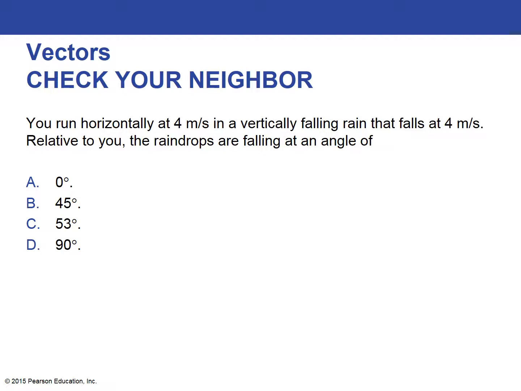The 90 degrees is because the rain is falling vertically, and the object, which is myself or the car or the motorcycle, is traveling also at 4 meters per second. So adding those two vectors together, I get a similar case as we did with the airplane, with a vectorial sum being the hypotenuse of a right triangle.